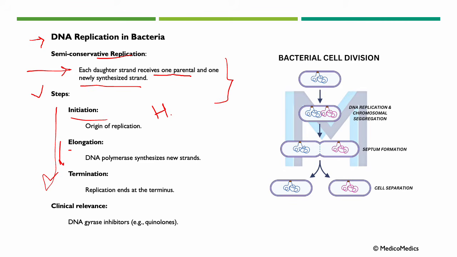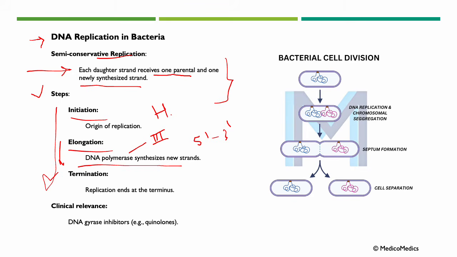Then we have single-strand binding proteins that stabilize this unwound DNA. After initiation, we have elongation, whereby DNA polymerase synthesizes new strands. If my memory serves me right, it's DNA polymerase 3 that is involved in synthesizing new DNA strands in the 5 to 3 direction, and it uses the parental strand as a template.